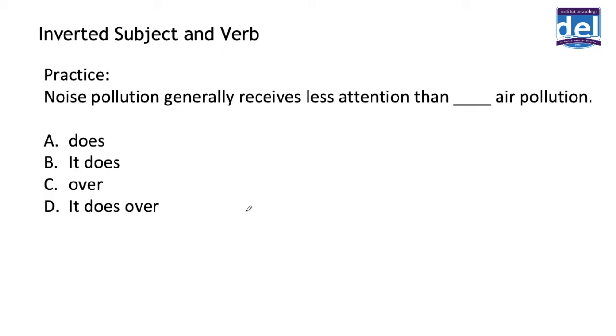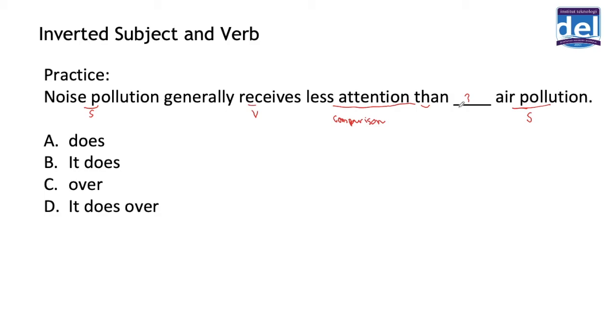This is the second one. Let's check what is missing. Alright, this is the structure of the sentence. We've got a subject here, noise pollution, receives as the verb, and we've got a comparison expression, which is signed by "less attention than," and we've got a blank here, then the subject.